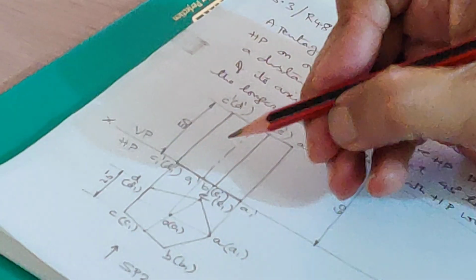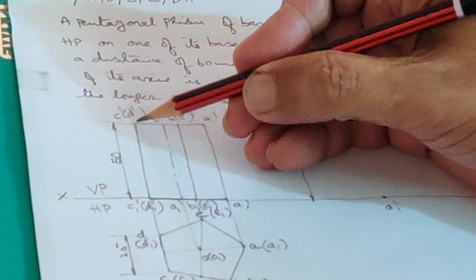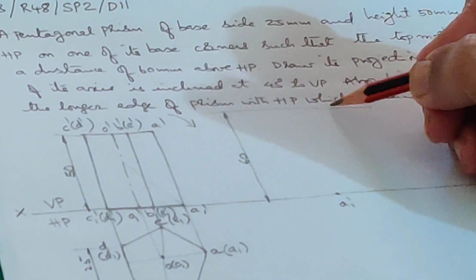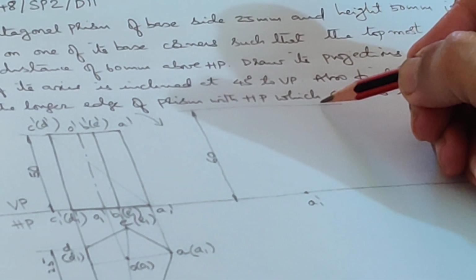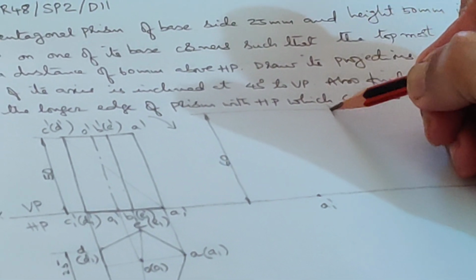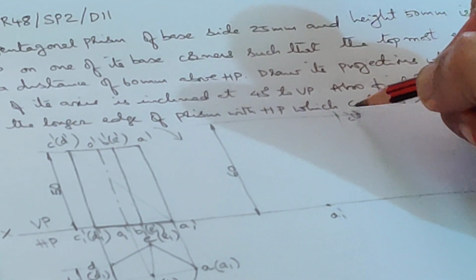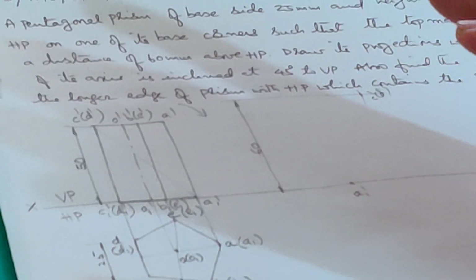This I'll draw it by a thin line, just to show you, you don't have to draw this line. So you are going to take this length as radius, A1 as center, and you are going to cut this line. Let us say this is C dash D dash.